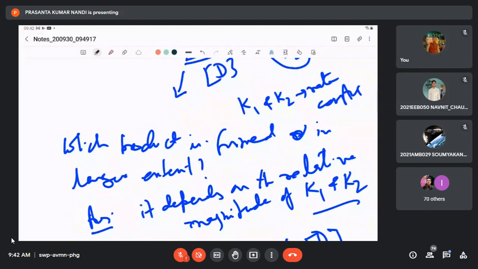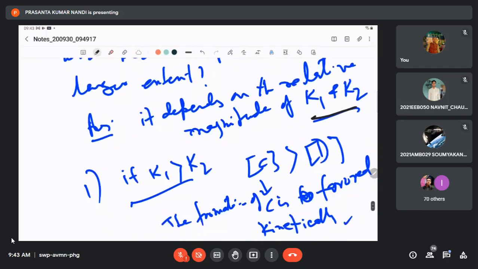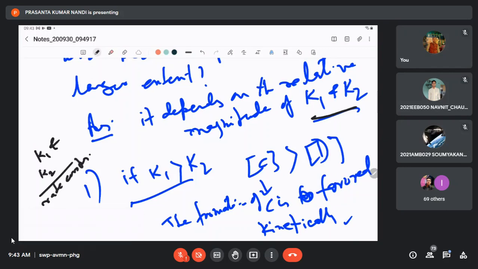It depends on the relative magnitude of K1 and K2, right? It depends on the relative magnitude of K1 and K2. Here, small K1 and small K2 are basically rate constants. This is very important.